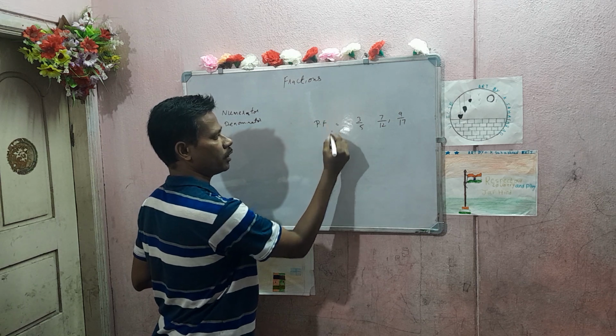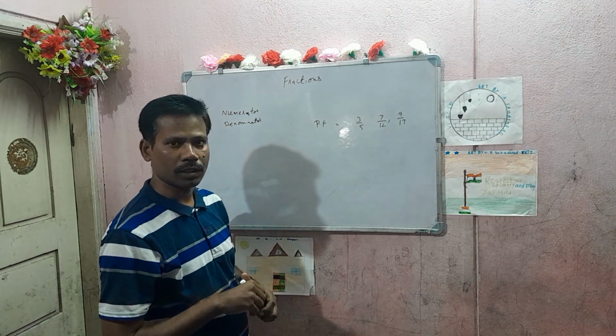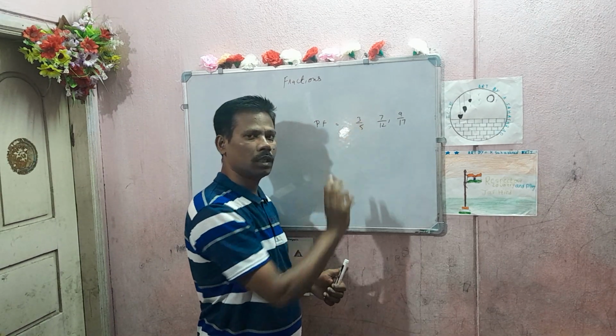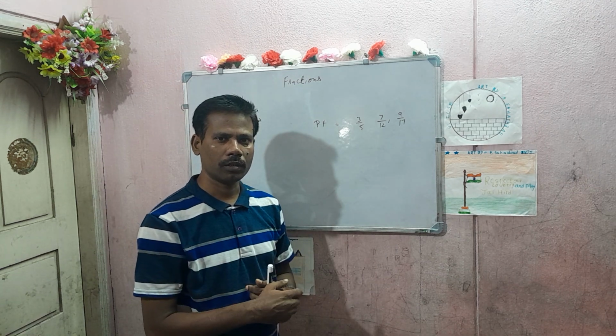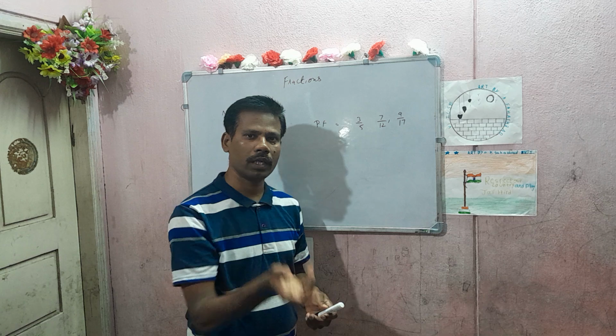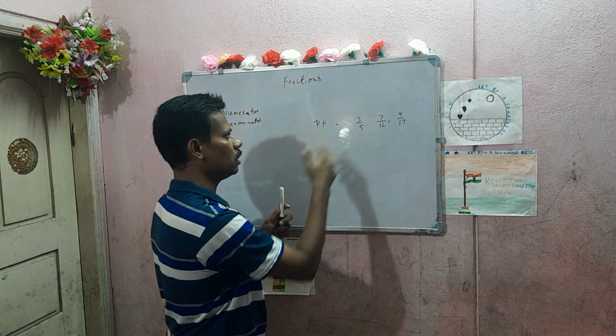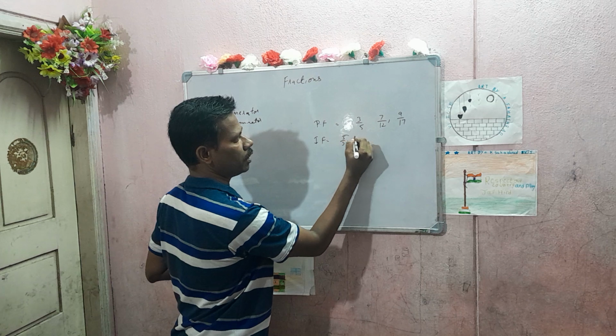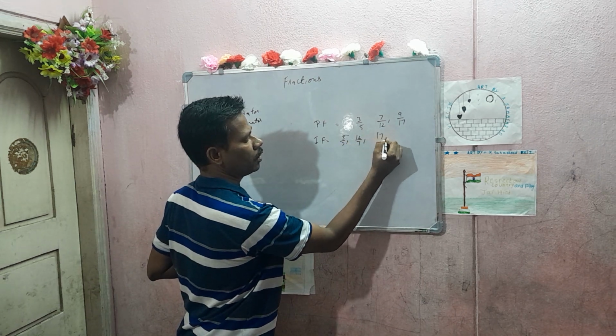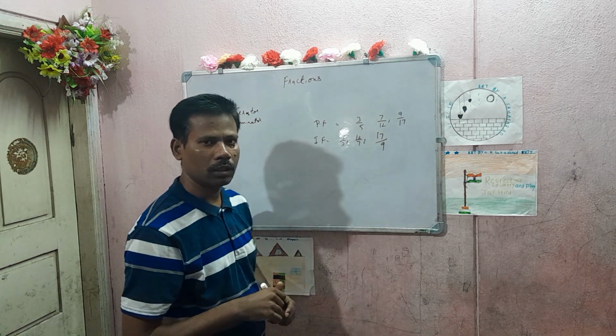Very simple. Improper fraction means quite opposite to that one. Numerator should be greater than the denominator. Just reverse this one. Improper fraction: 5 by 3, 12 by 7, 17 by 9. This is improper fraction.